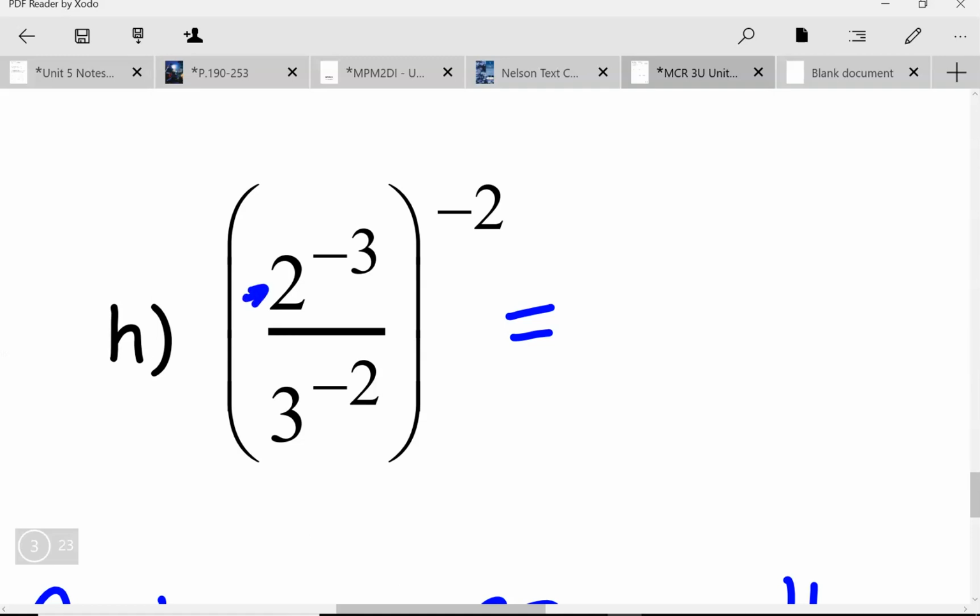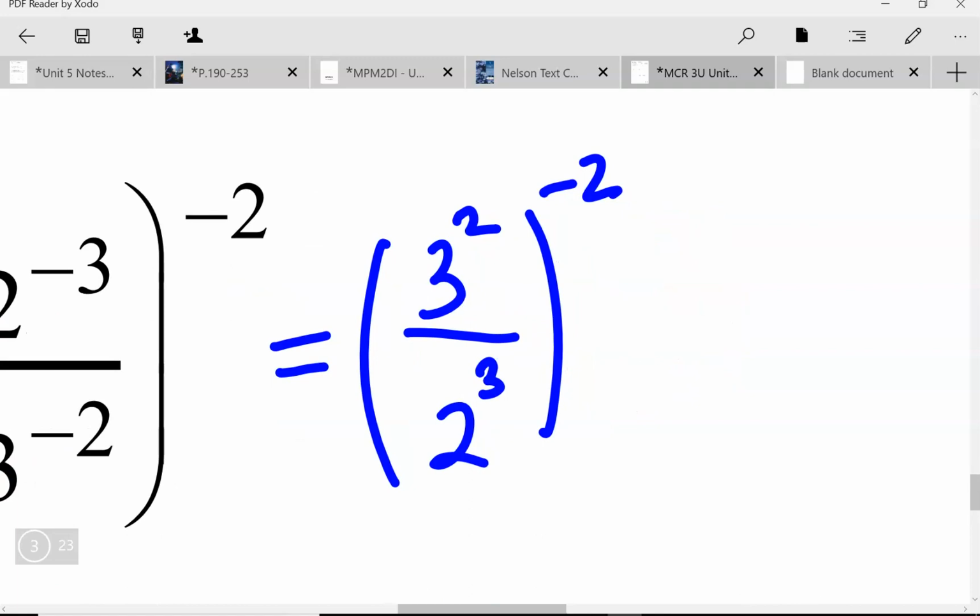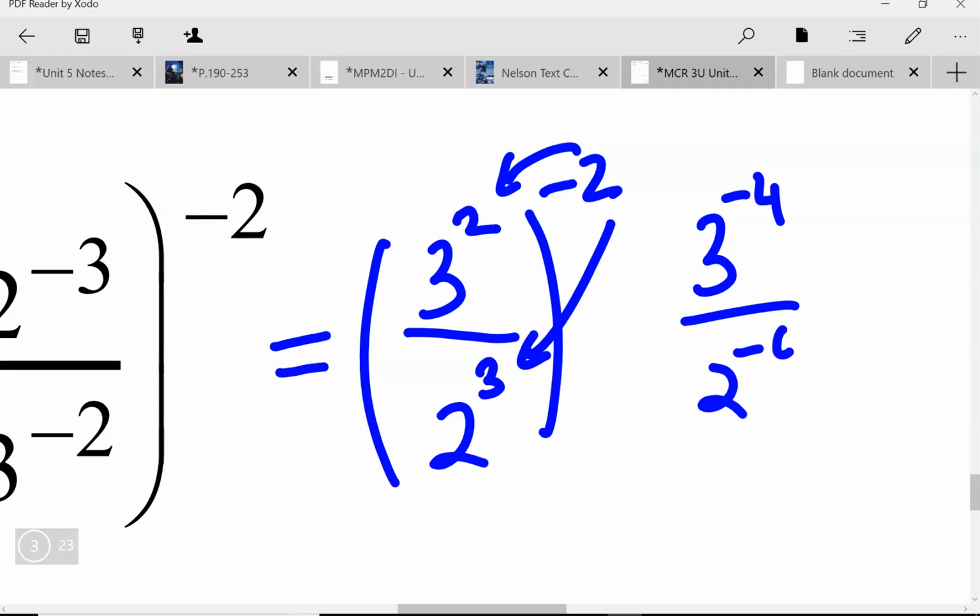Here I have 2 to the power negative 3, so I'm going to move that 2 to the denominator, make it positive 3. Here I have 3 to the power negative 2, move the 3 to the numerator, make it positive 2. So this is still to the power of negative 2, and then I have to apply the negative 2 to both. So this is 3 to the power of negative 4 divided by 2 to the power of negative 6.